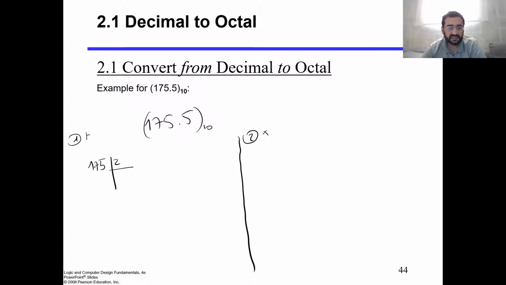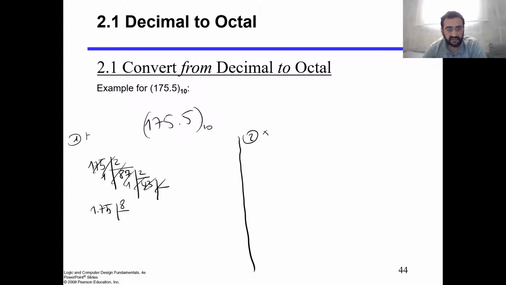This will give us 175 by 2 is 87, and the remainder is 1. Divided by 2 is 43. The remainder is 1. I'm sorry, we need to make the conversion to octal, so we need to divide by 8.